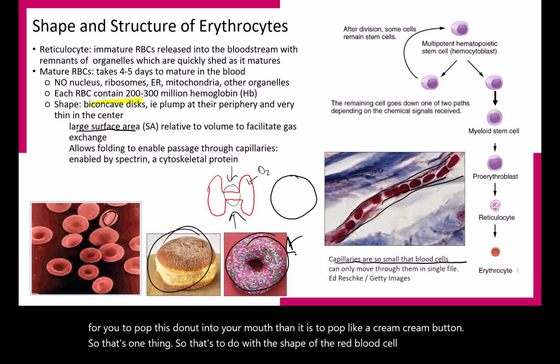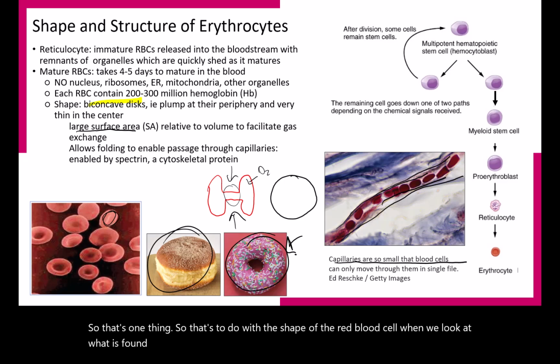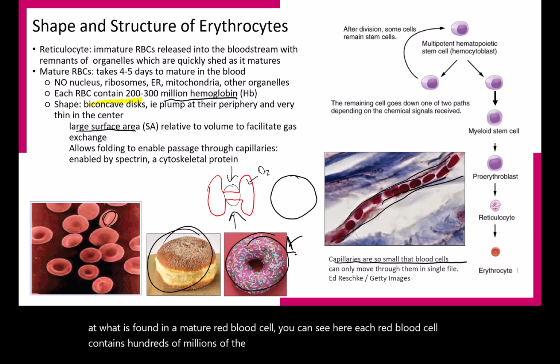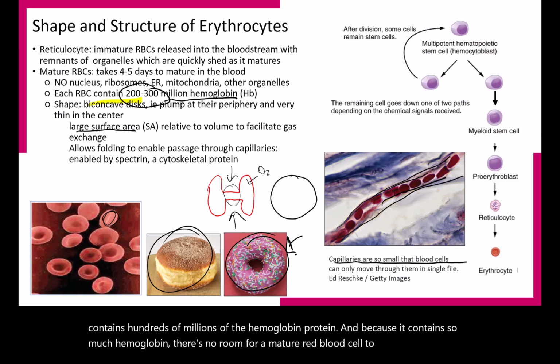When we look at what is found in a mature red blood cell, you can see here each red blood cell contains hundreds of millions of the hemoglobin protein. And because it contains so much hemoglobin, there's no room for a mature red blood cell to have any other organelles.